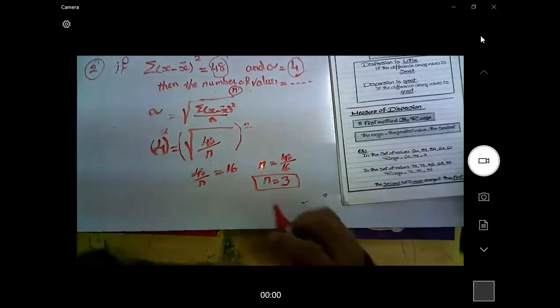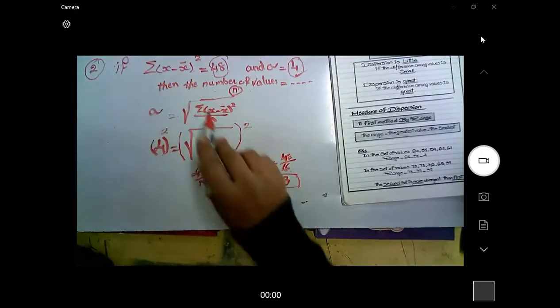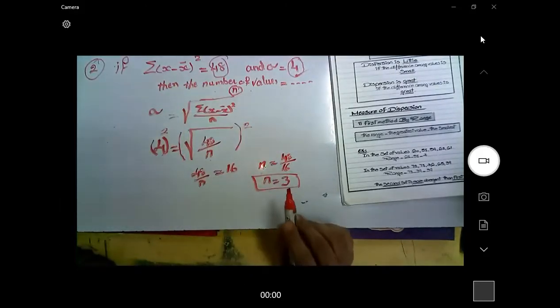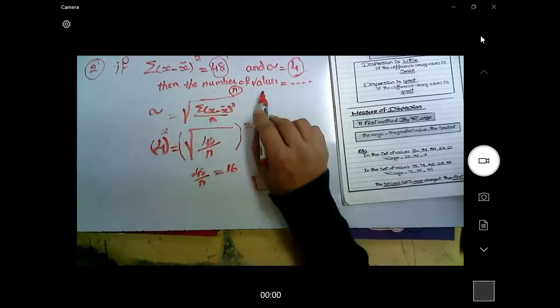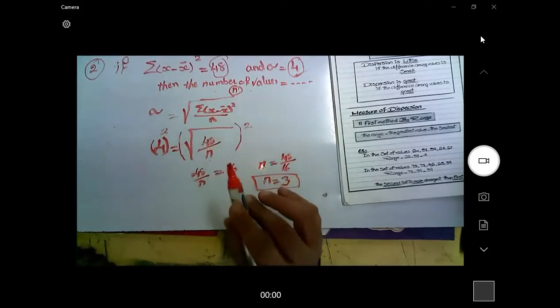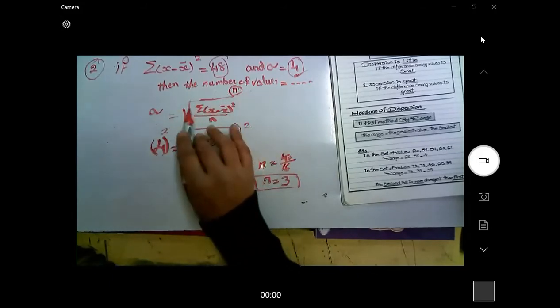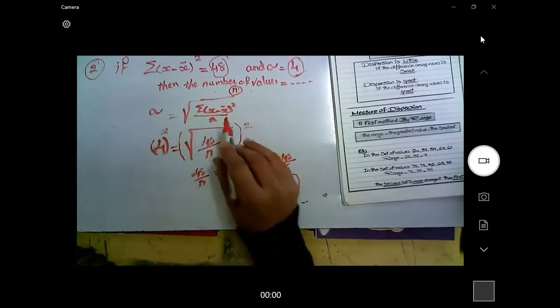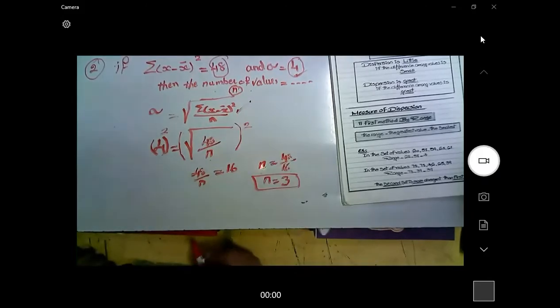Again, the summation of (x minus x dash) all power 2 equals 48, and the standard deviation is 4. We want to calculate the number of values. We have the rule: standard deviation equals the square root of the summation of (x minus x dash) all power 2, which is 48, over the number of values.